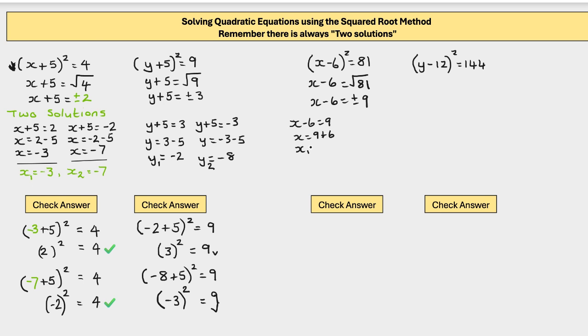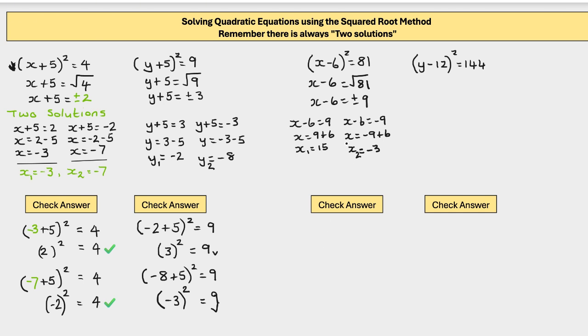So our first solution is 15. And then we'll do the second one. x - 6 = -9. x = -9 + 6, because it's a negative. x = -3. So that's our second solution.